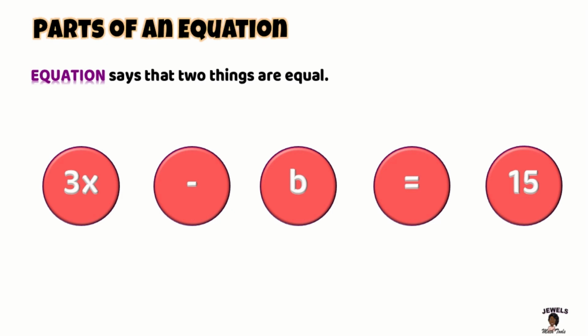So keep that in mind as you work through solving these type of questions and identifying the difference between your expression and your equation. Remember to check out the videos that I have on each of these individual parts, such as your coefficient, your terms, your constant, and your variables, so that when you're looking at your equation and you hear these key terms, you'll be able to identify what part of the equation is being talked about.